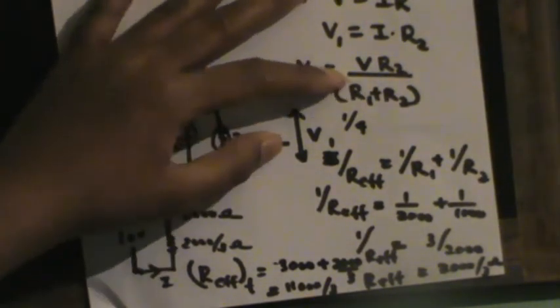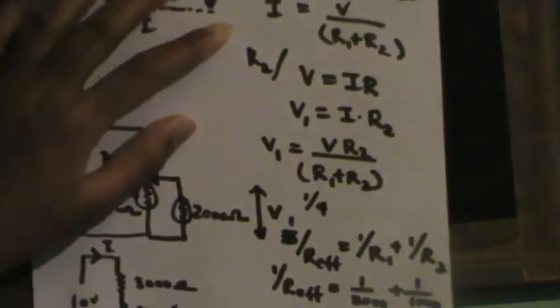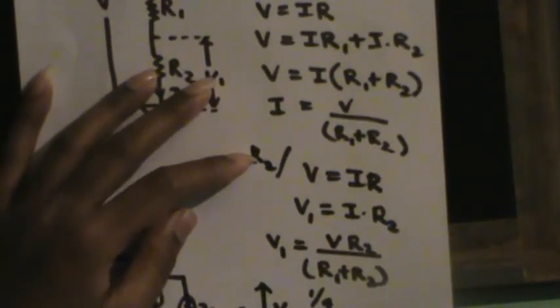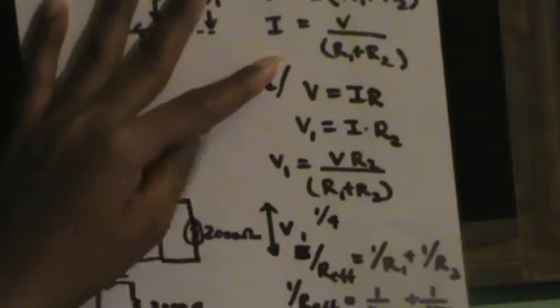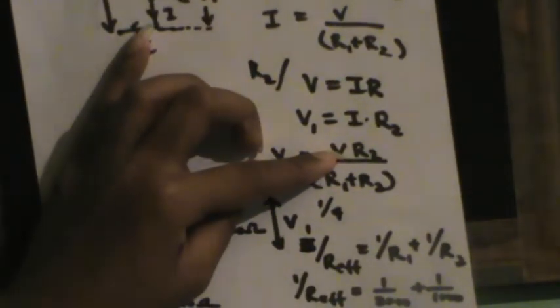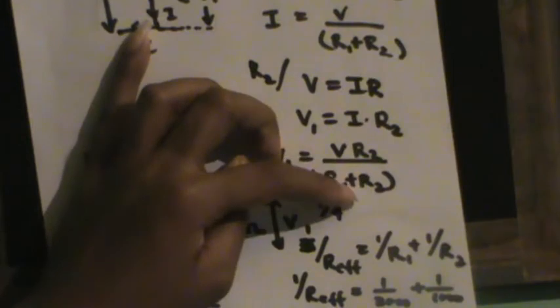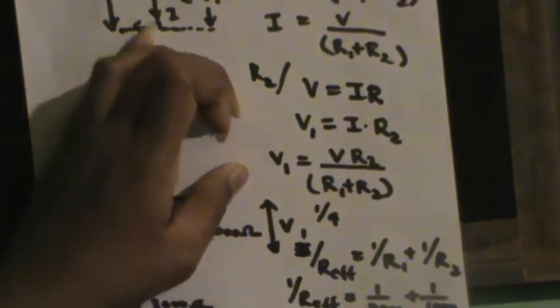The potential difference across this resistor R2, I take it as V, is equal to the total voltage of this circuit times the ratio of the resistances.